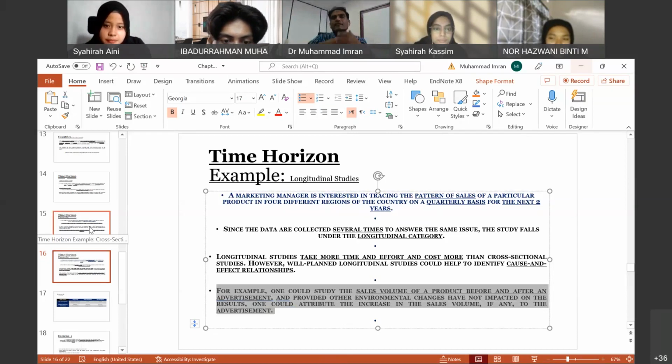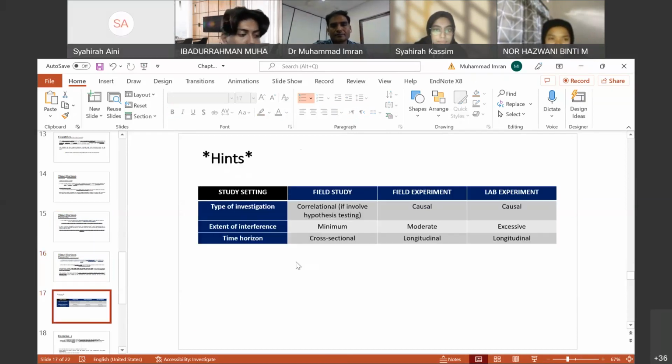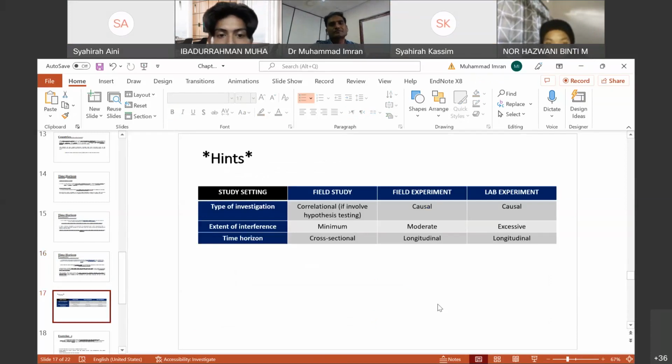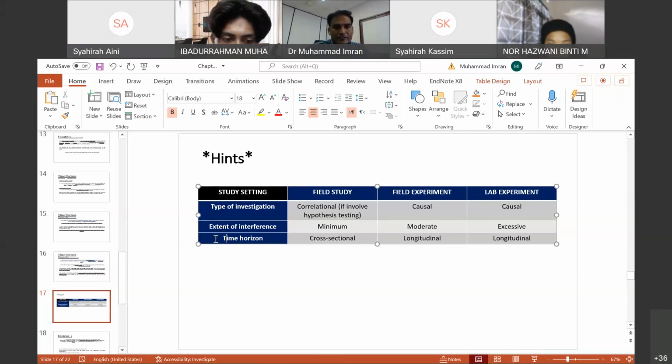A question here, to verify whether a detailed study belongs to the longitudinal. Okay, here are hints. Case study setting, types of investigation, extent of interference we already covered, and the time horizon, which we just covered.